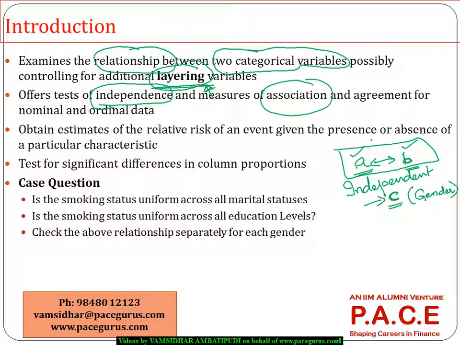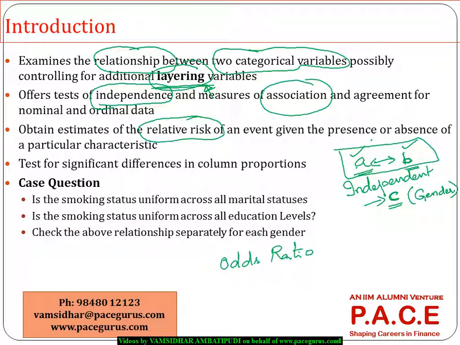In the next session, I would also take you through an example which will deal with identifying the relative risk of an event. Sometimes in the statistical world, we also call it the odds ratio or relative risk of an event.